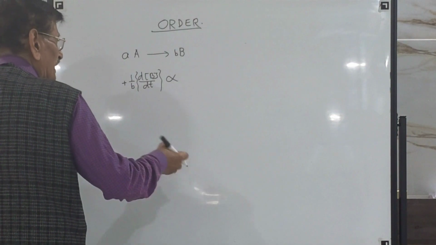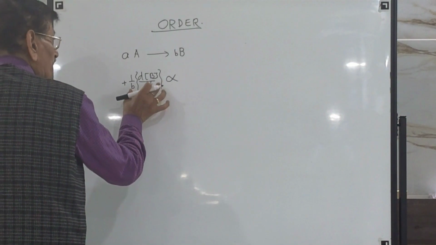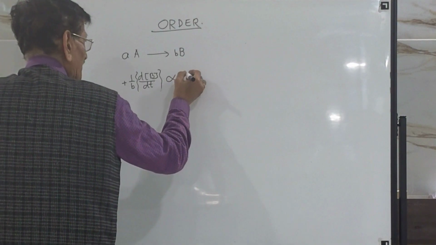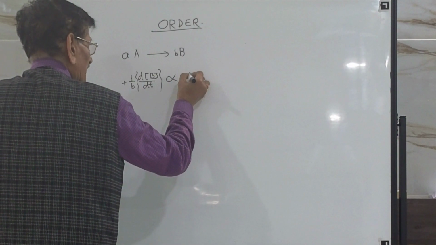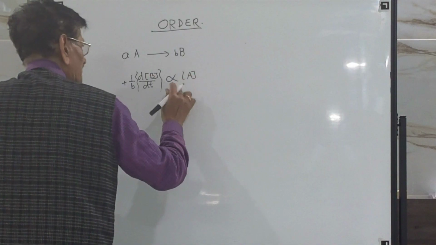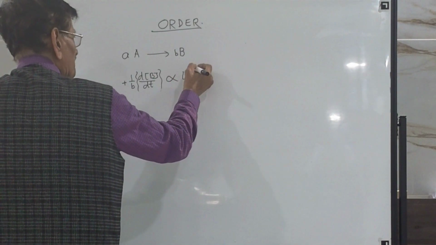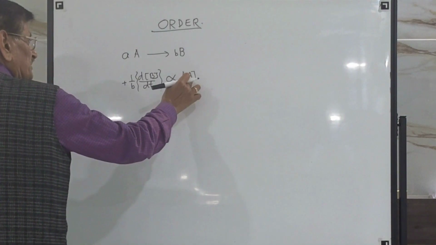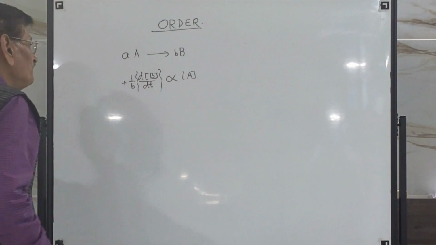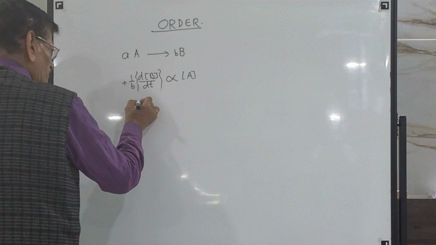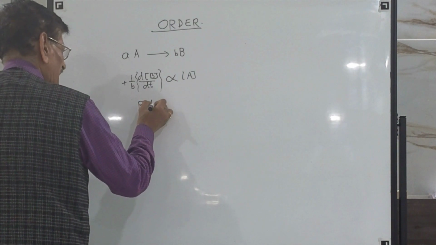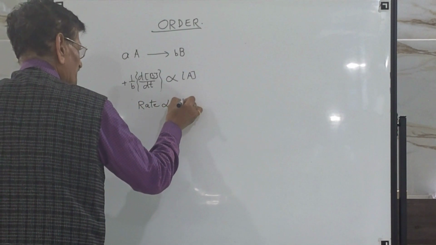This means the rate of formation of B is double. So we write the concentration of A in square brackets, which is the molar concentration term, and the power is 1, indicating that when this is doubled, the rate will be doubled. We can also write this as the rate of reaction is proportional to the concentration of A.